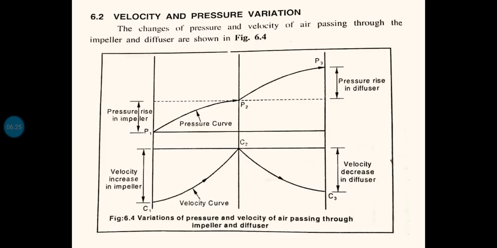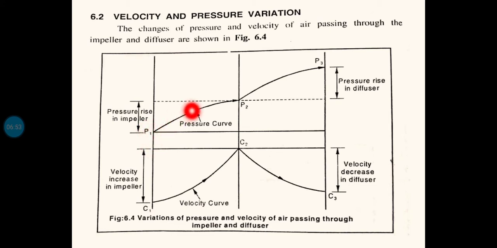Now, the velocity and pressure variation. The changes of pressure and velocity of air passing through the impeller and diffuser are as shown in the figure. You can see the initial portion is the impeller portion, and the final portion is the diffuser portion. The first figure is the pressure rise. As the air enters the eye of the impeller, this point is the eye of the impeller.